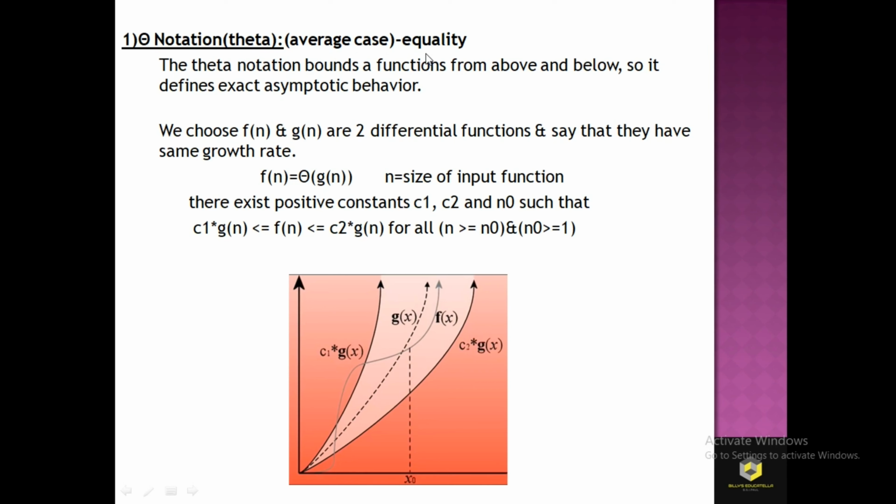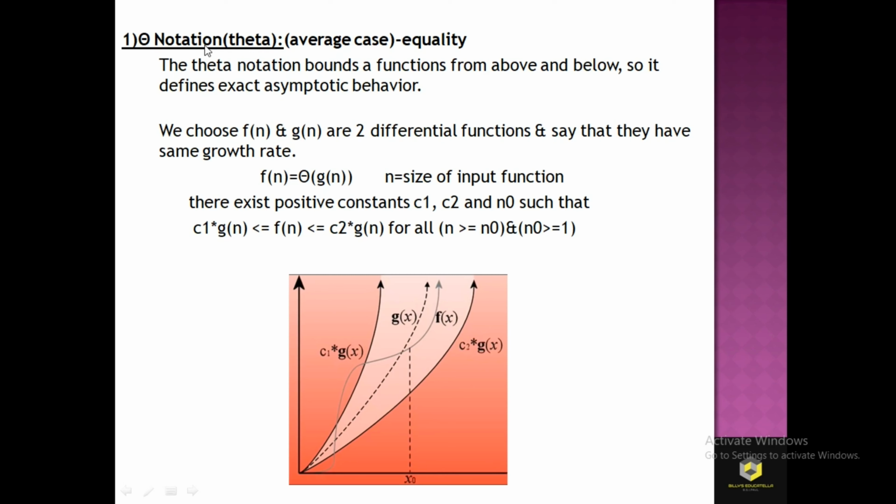Coming to the first one, the theta notation, which is used to measure the average case time complexity. It is only a notation, and it never says that this function will occur only in the average case. The theta notation is just a notation to measure time complexity. It is also used to measure the best case.